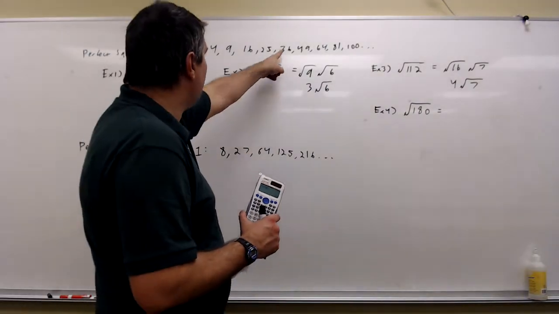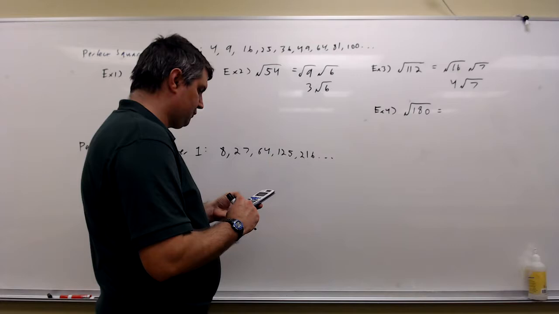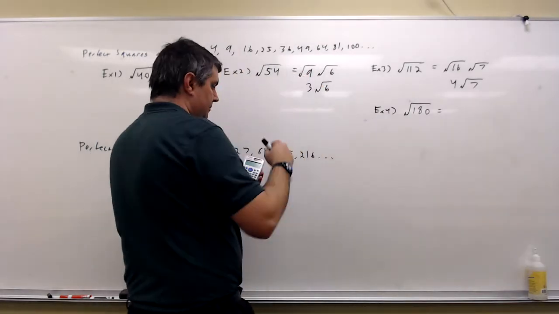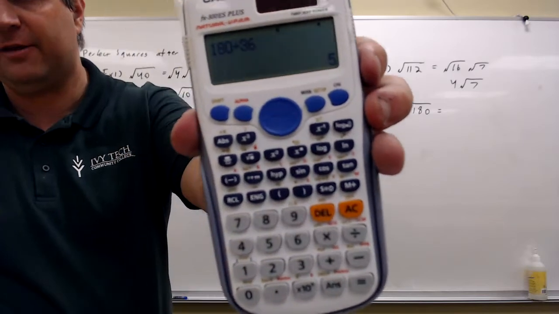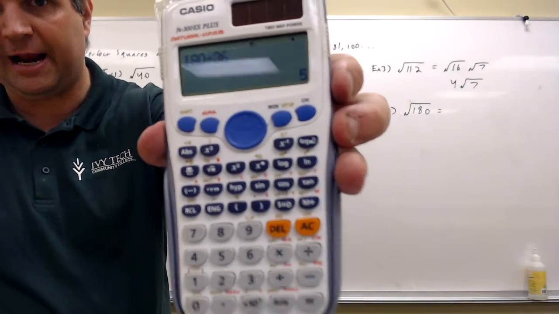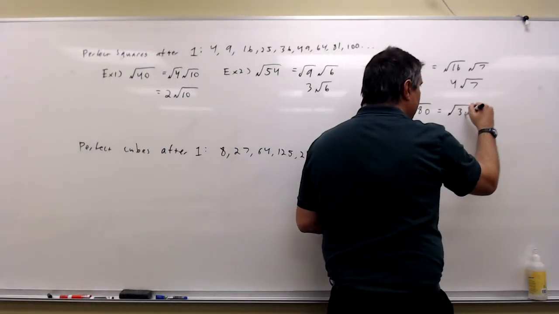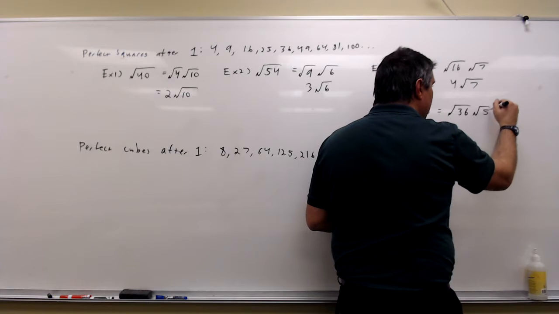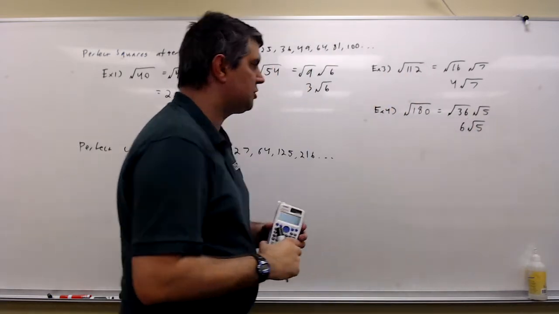So now I'll try 36. 180 divided by 36 is 5. And 5 is not divisible by any number on this list. So I'll have the square root of 36 and the square root of 5. Square root of 36 is 6. So I have 6 square root of 5.